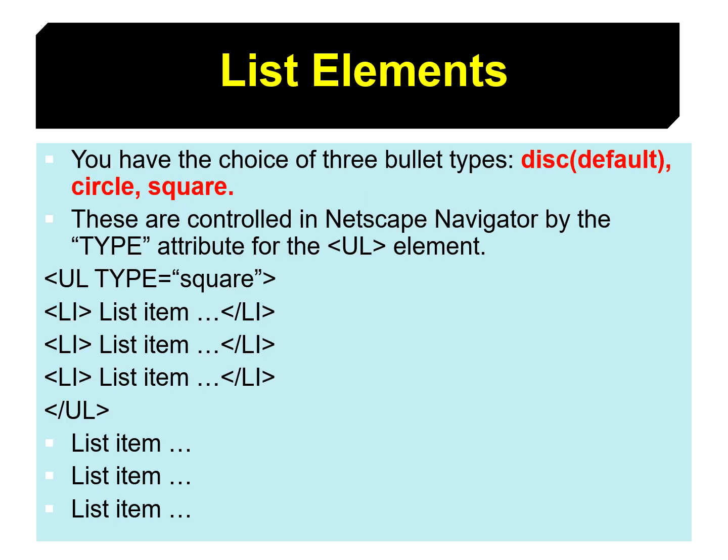You have to choose among the three bullet types: disk, circle and square. Disk is the default. These are controlled in Netscape Navigator by the type attribute of the UL element. UL, which denotes the unordered list, with type equal to square, so the bullets will be marked in square design.